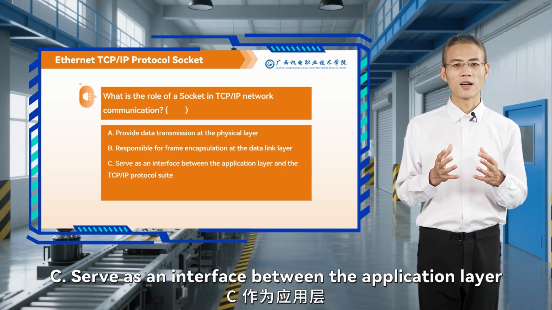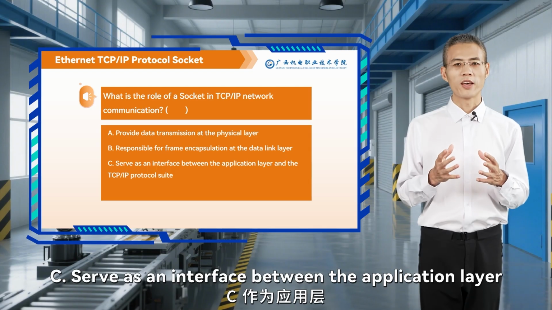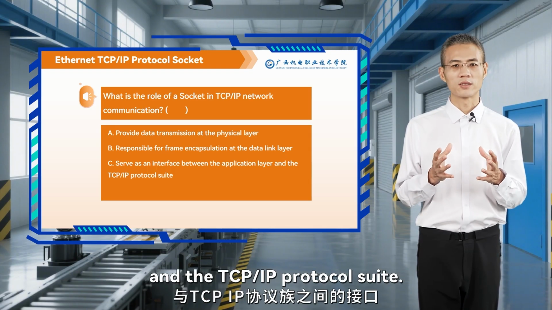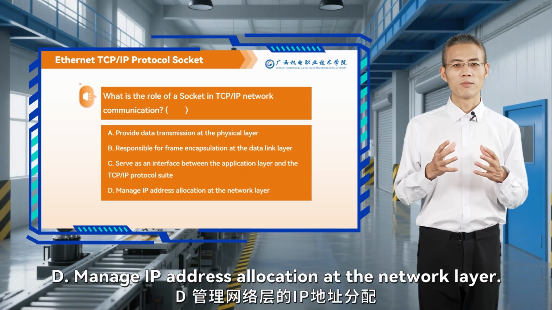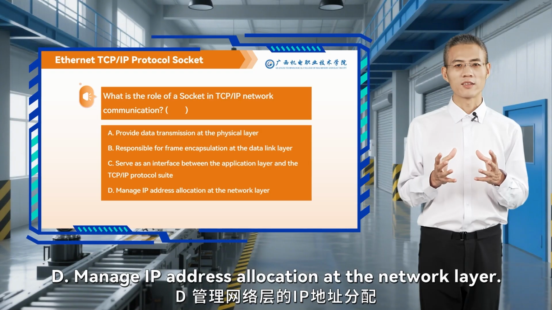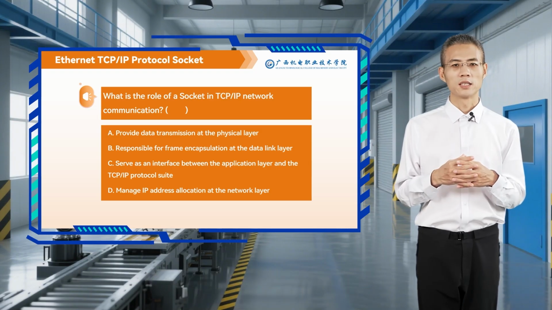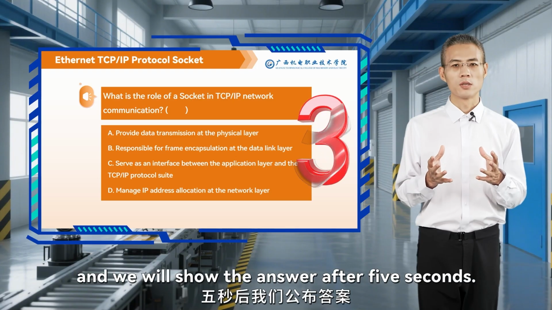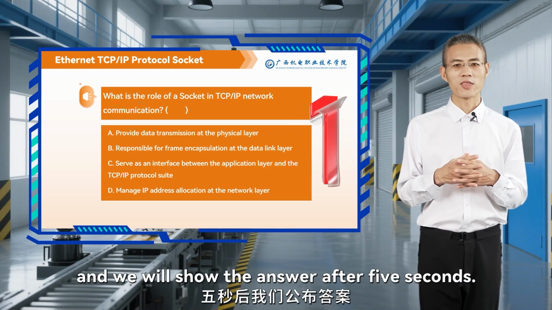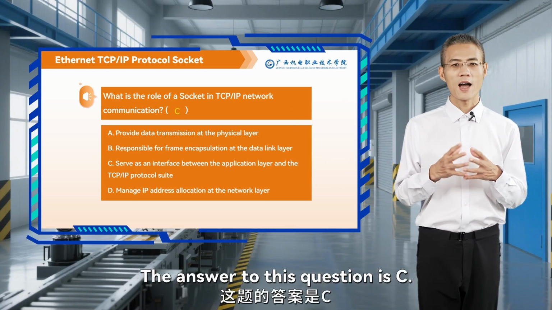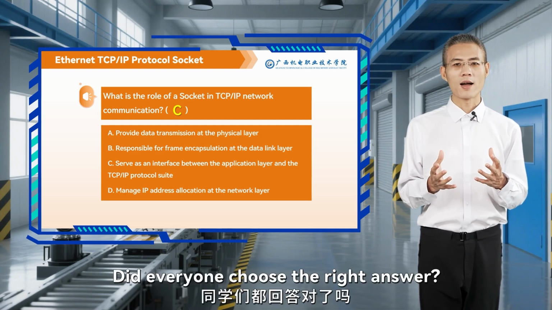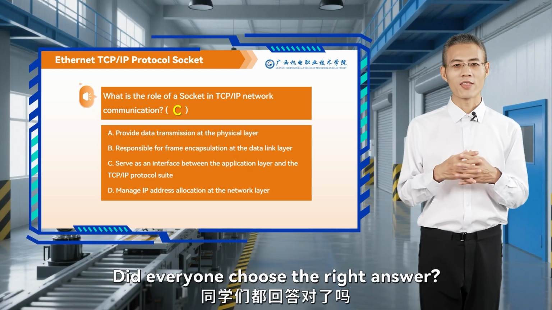C. Serve as an interface between the application layer and the TCP/IP protocol suite. D. Manage IP address allocation at the network layer. I will give you 5 seconds to think and will show the answer after 5 seconds. The answer to this question is C. Did everyone choose the right answer?